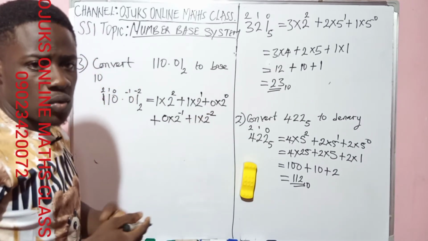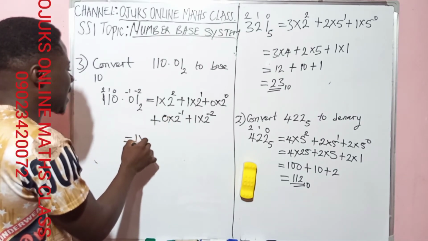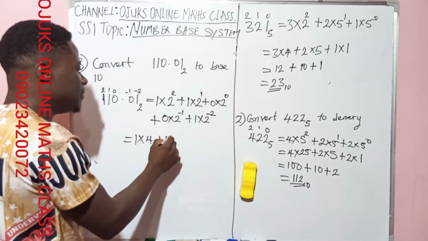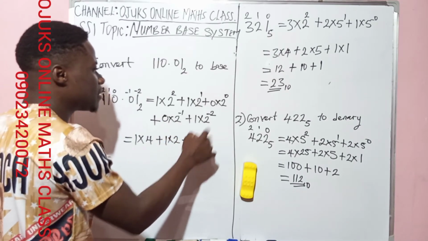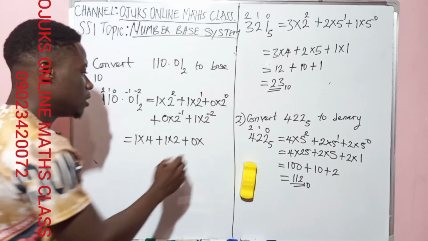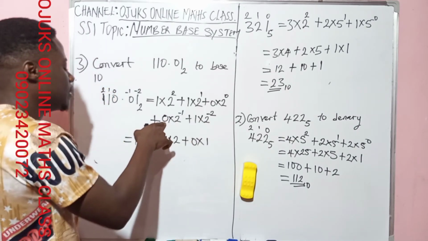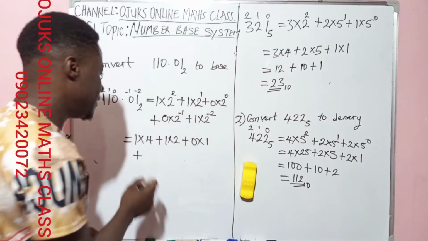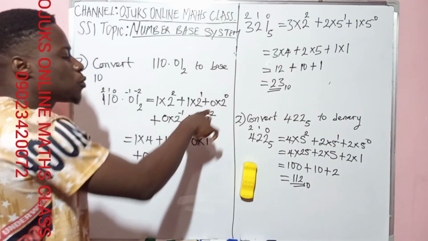So having done this, we'll keep on with our expansion. We have here 1 times 2 raised to the power 2 will give us 4, plus 1 times 2 raised to the power 1, we're having 2, plus 0 times 2 raised to the power 0. Anything raised to the power 0, as usual, gives 1. So we have 2 raised to the power 0 equals 1, plus 0 times 2 raised to the power -1. Automatically, 0 times anything gives 0. We have 0 plus 1 times 2 raised to the power -2.